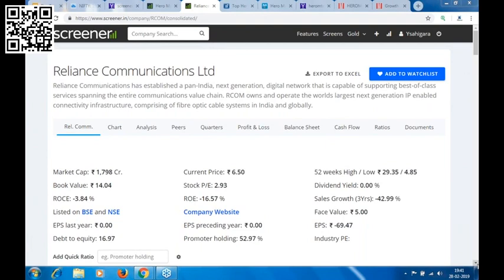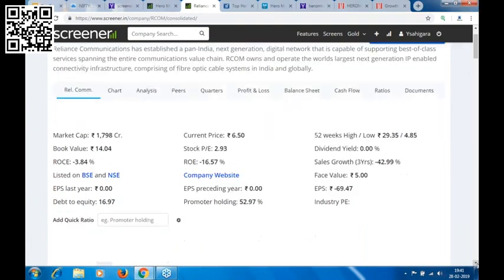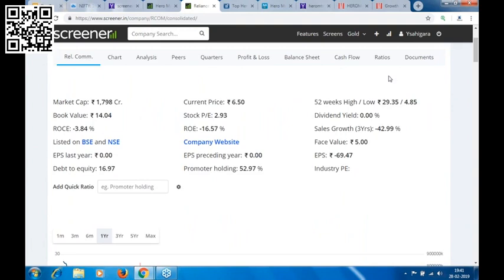Now, if we look at Reliance Communication, market cap is 1798, current price is 6.50, 52-week high is 29.35 and low is 4.85.